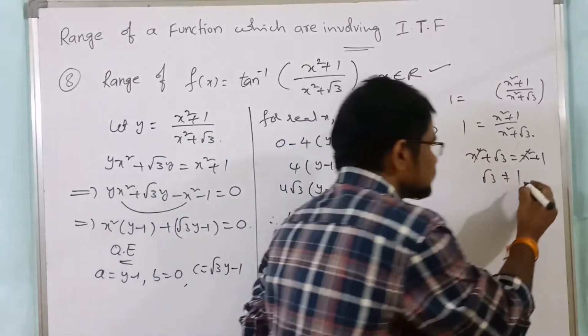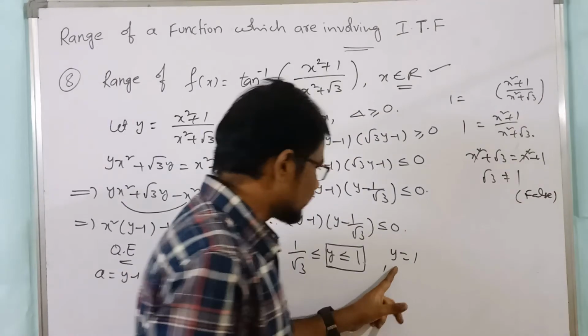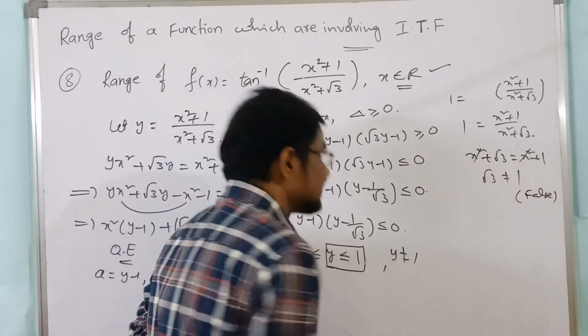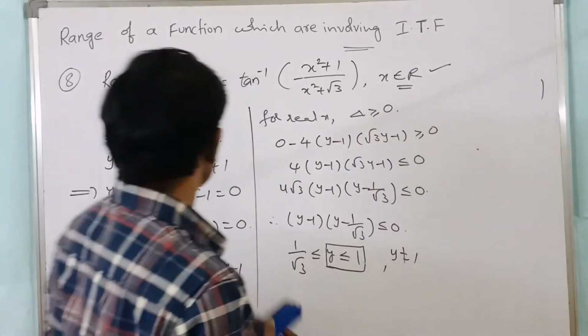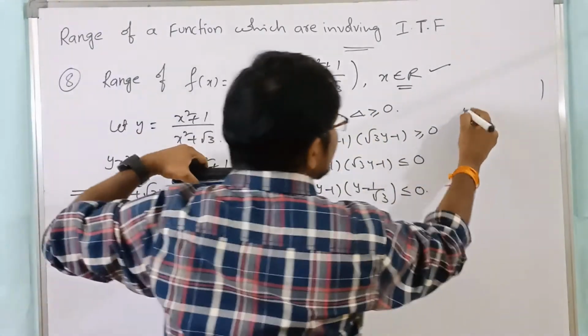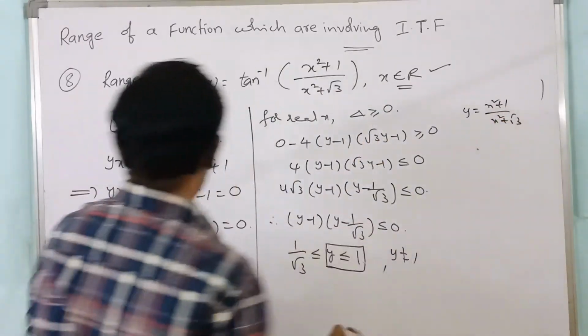Is it true? It is not true. It is false. So that's why y not equal to 1 here. Otherwise, like this also you can observe. Suppose y equal to (x square plus 1) by (x square plus root 3).